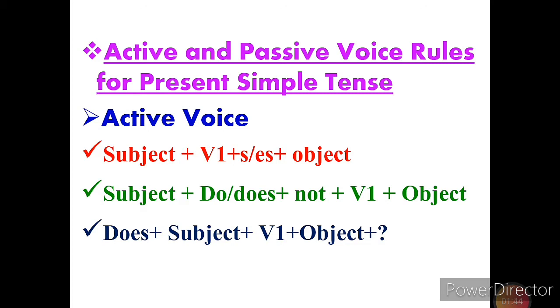Then subject, do or does, not, base form, object if it is a negative sentence. Does plus subject plus base verb plus object if it is the interrogative form. So these three are the structures. These three are the standard formulas in an active sentence or active voice in simple present tense.